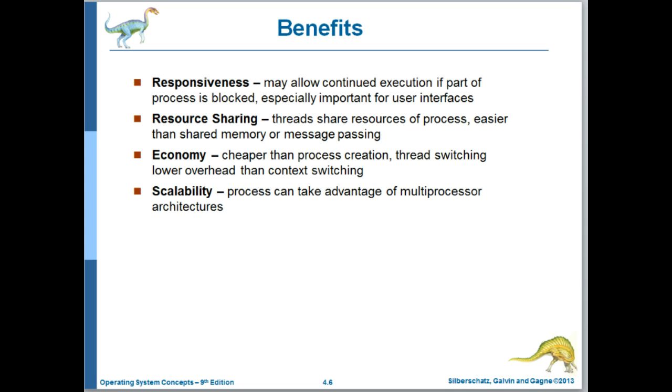Threads, as we've already talked about, are easier to set up, and also context switching between threads is inexpensive in a relative sense. And then finally, for a single application to take advantage of today's multi-core, multi-processor systems, threading is a natural way to take advantage of those additional CPU resources.